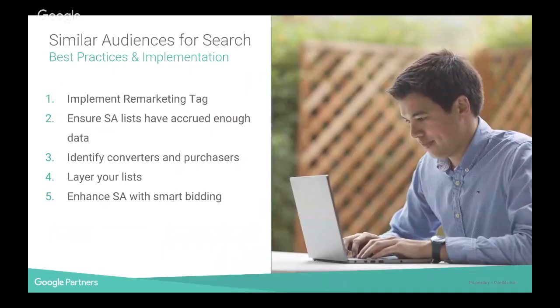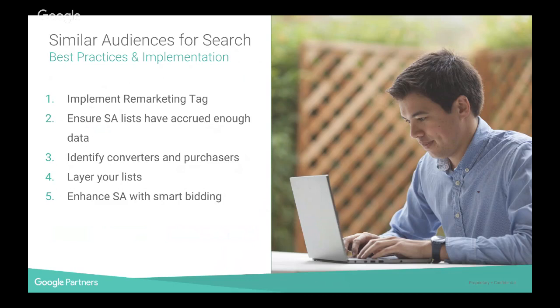So, some best practices for similar audiences on search. Of course, similar audiences need a remarketing tag to work and remarketing lists, because they are created automatically if you have a remarketing list. So let's say that you have a remarketing list for all homepage visitors.